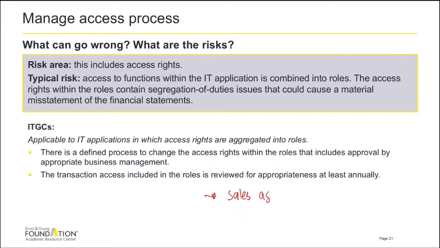So sales associate, so sales manager roles. So there should be a defined process to change the access rights within roles that includes approval by appropriate business management. And the transaction access included in the roles is reviewed for appropriateness at least annually.